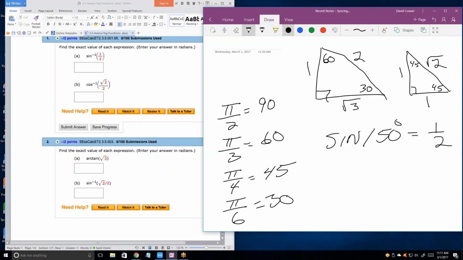So one could say that the inverse sine of 1/2 is also equal to 150 degrees. And that wouldn't be wrong. But they call these inverse functions, so they want to make sure they're functions. They don't deal with the whole unit circle when you're figuring these out.